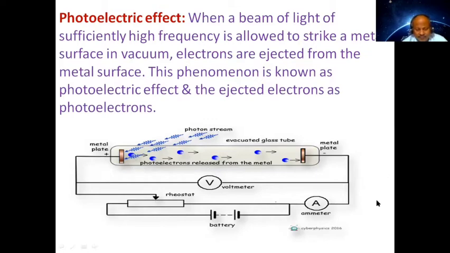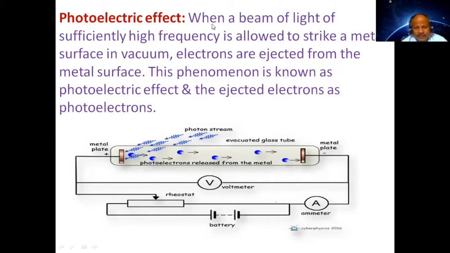Okay, this is the diagram. Actually, what is the photoelectric effect? When a beam of light of sufficiently high frequency is allowed to strike a metal surface in vacuum, electrons are ejected from the metal surface. This phenomenon is known as photoelectric effect and the ejected electrons as photoelectrons.